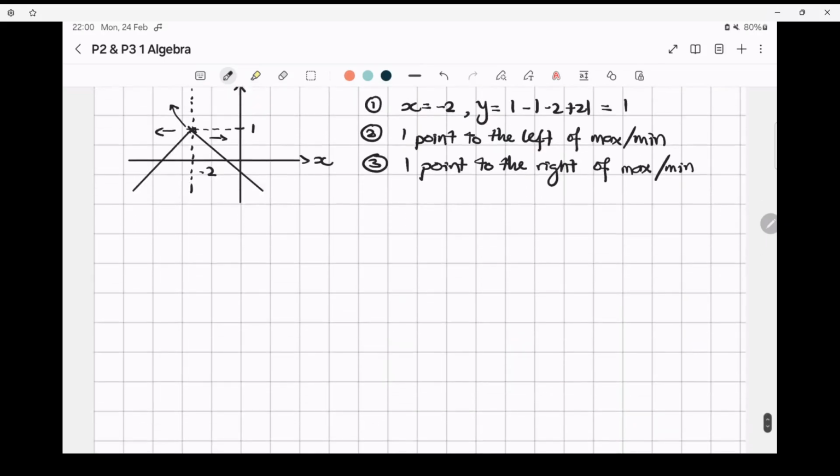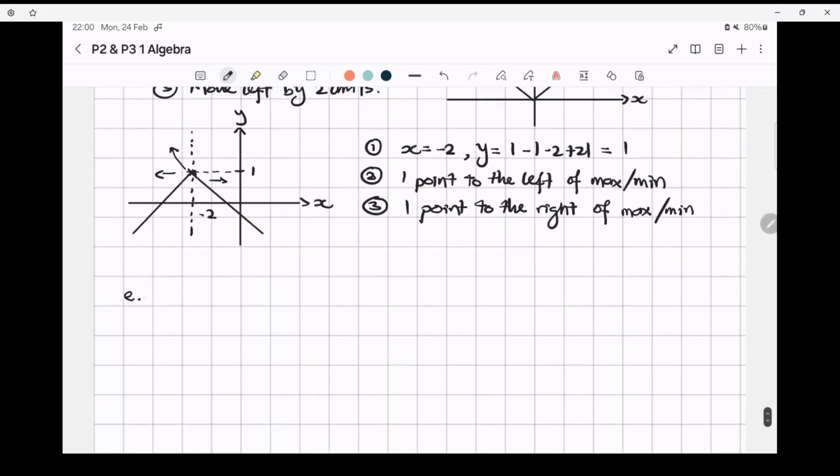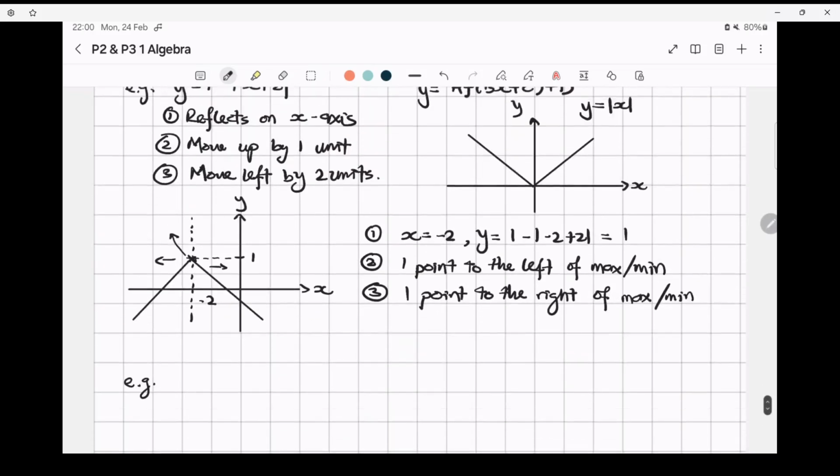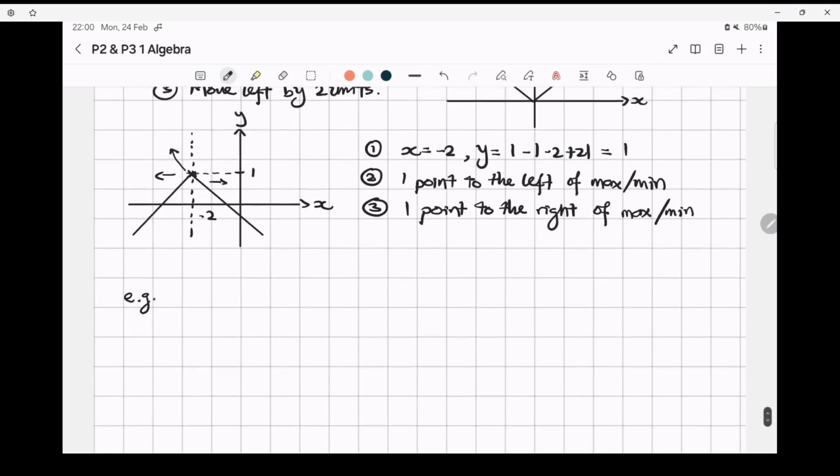Alright, so essentially that's how you sketch the graph. You can either do it by function transformation, or you can do it by identifying all the points. So it depends on how fast you can work things out.